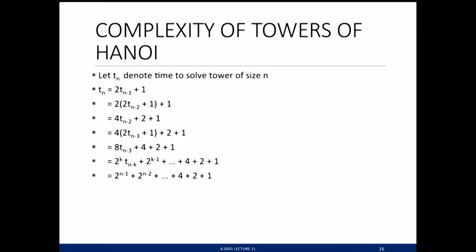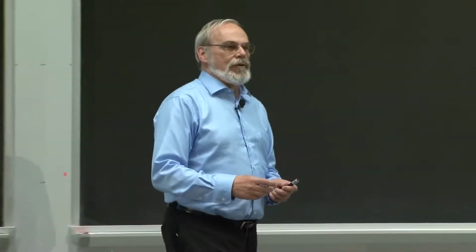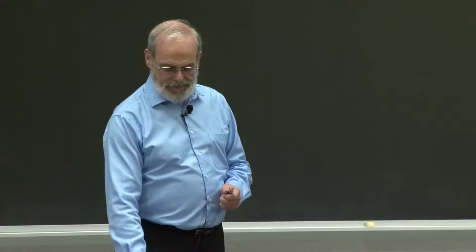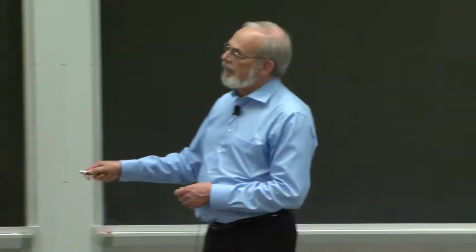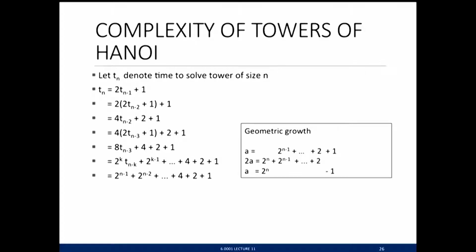Right, what's that? Well, if you're a Course 18 major, you've seen it before. If you haven't, here's a nice little trick. Let me let a equal that sum: 2 to the n minus 1 plus 2 to the n minus 2 all the way down to 1. Let me multiply both the left and the right side by 2. That gives me 2a is equal to 2 to the n plus 2 to the n minus 1 all the way down to 2. I'm just taking each of the terms and multiplying them by 2.